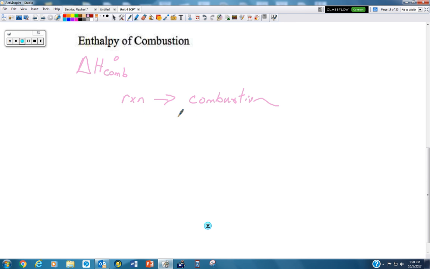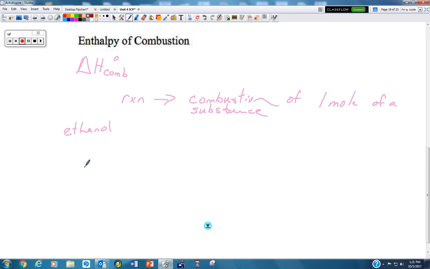And it's combustion of 1 mole of a substance. So when we're talking about enthalpy of combustion, we're looking at a reaction where we combust 1 mole of a substance. So let's write a combustion reaction for ethanol.